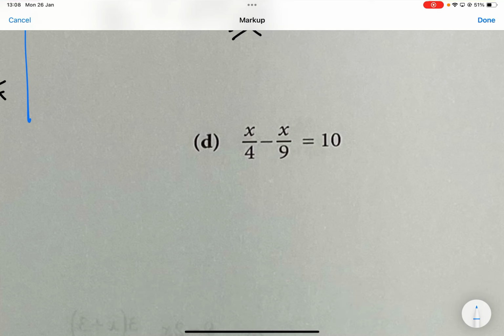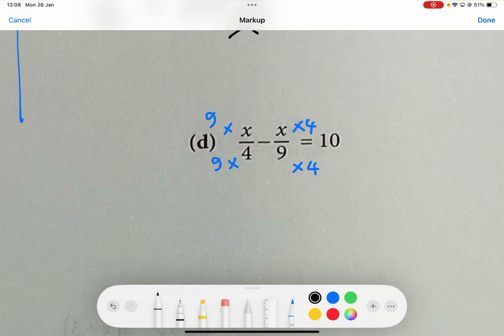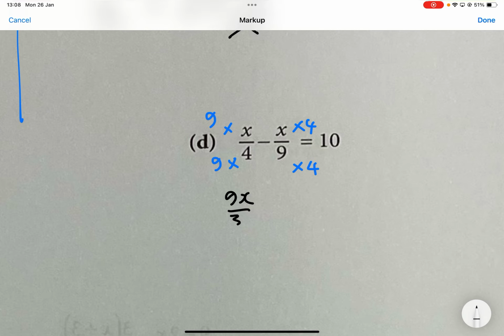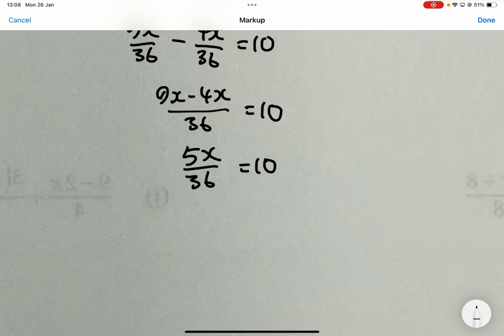Subtraction of fractions. Common denominator. Okay?